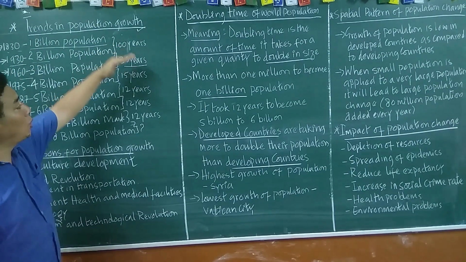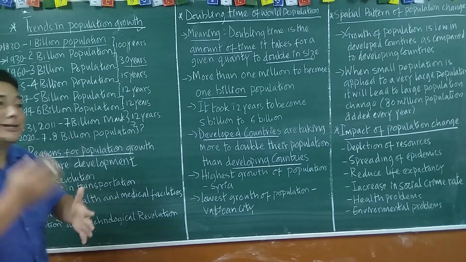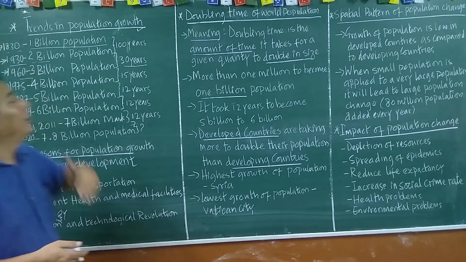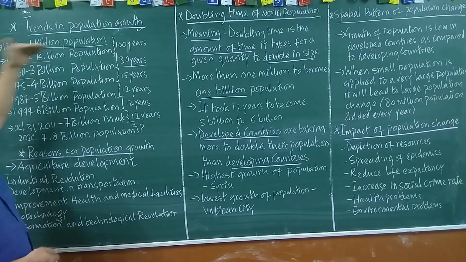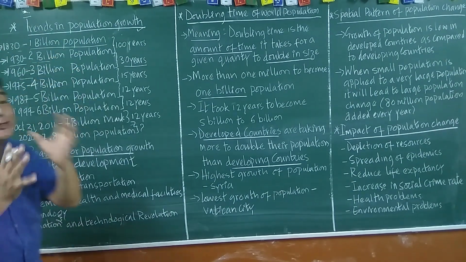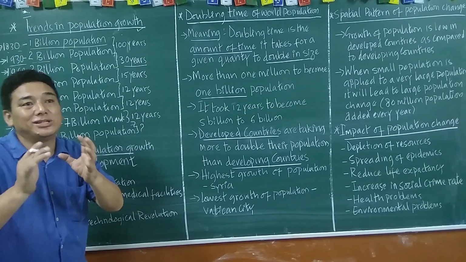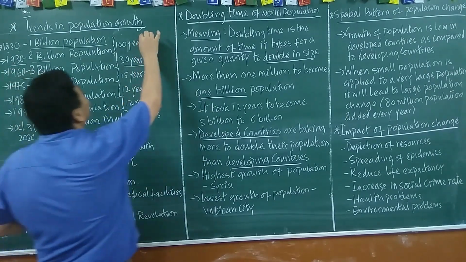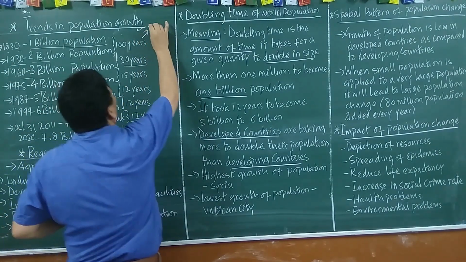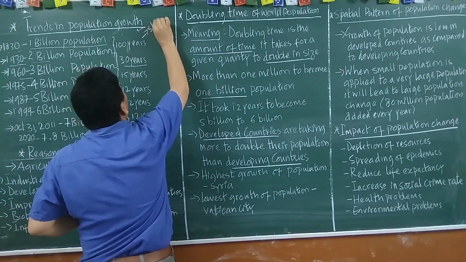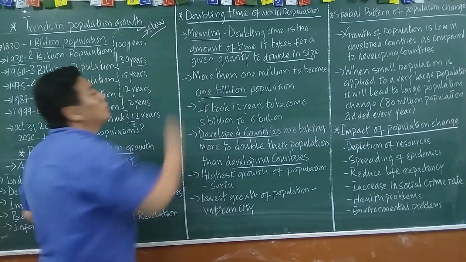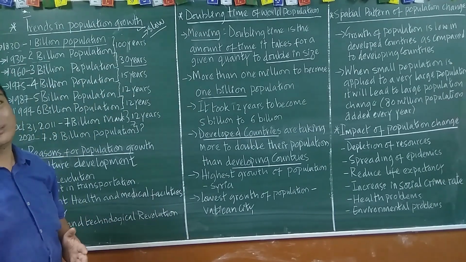That means slowly the world's population was increasing. Before the 1830s, the population of the world was increasing slowly, a steady increase.